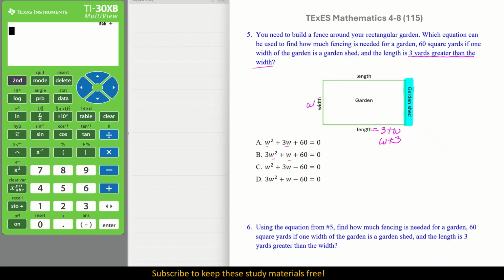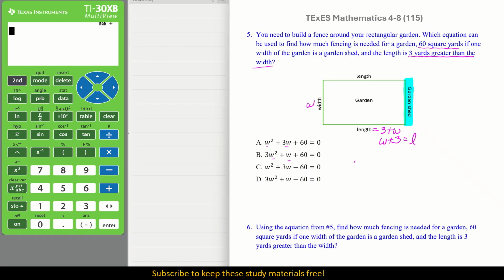All right. So, what do we need to do? Well, we can call the length W plus 3. Okay. So, the area is 60 square yards.